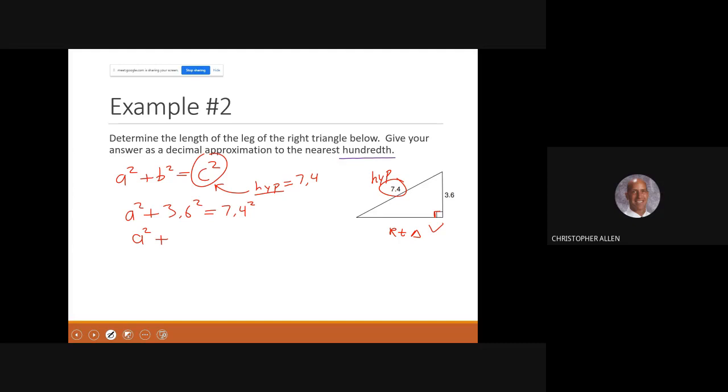Let's see what that is. I'm going to use my calculator. 3.6 squared, I got 12.96. And then I've got to do 7.4 squared, which is 54.76. Now I'm going to subtract. I'm going to take 12.96 and subtract that from 54.76. And I think that turns out to be 38.88.